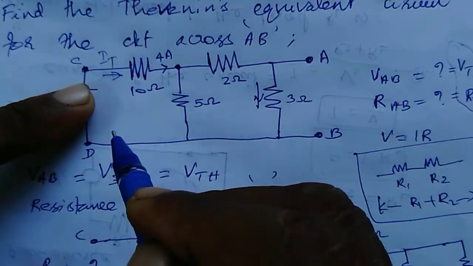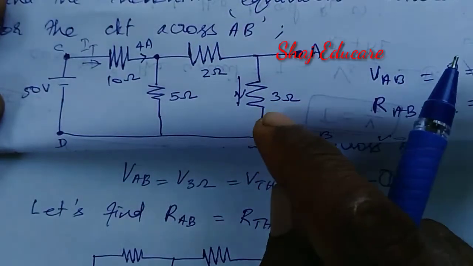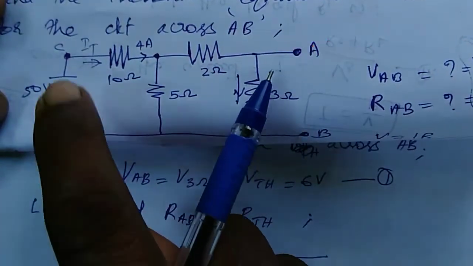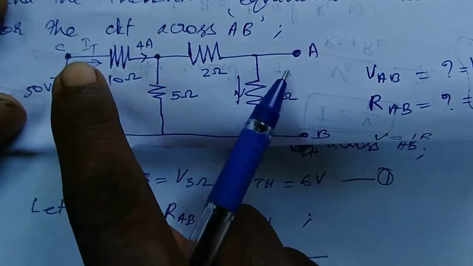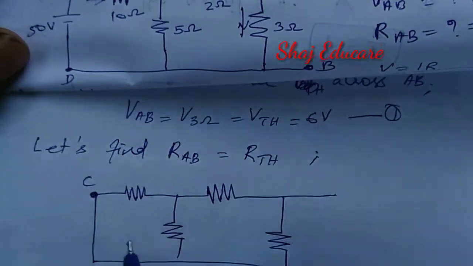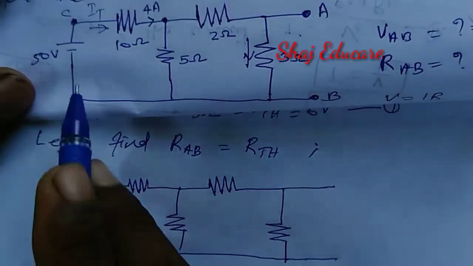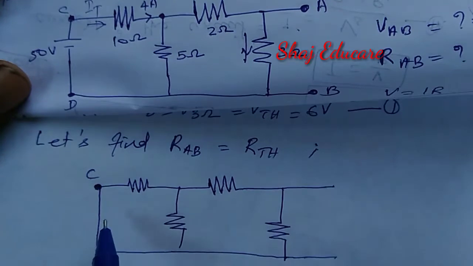I am going to draw the corresponding circuit now. Here I am going to replace the 50 volt voltage source across CD with a short circuit. The 50 volt voltage source is not shown, as it is short circuited.